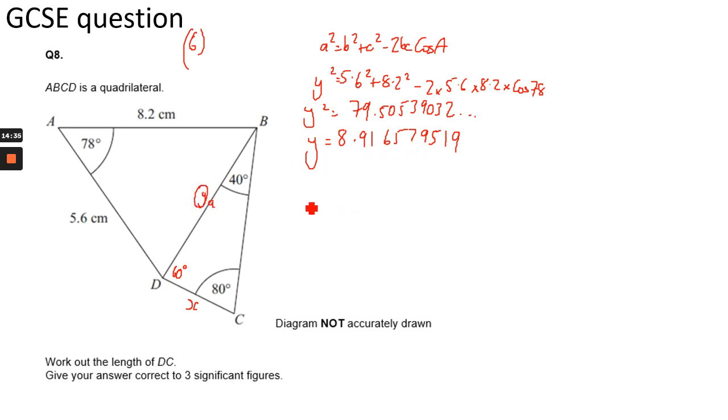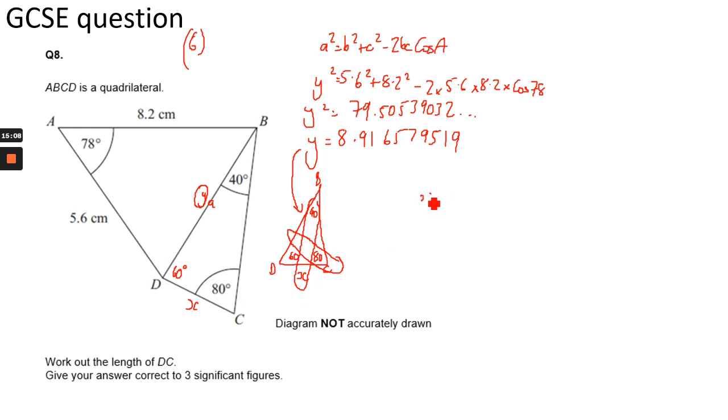So then what I can do is draw out BDC, the smaller triangle. So that's B, that's D, that's C, that's 80, that's 60, and that's 40. This length here is 8.9165799519, and I'm trying to work out this. And now I've got a side and the opposite angle. So now I can use the sine rule. So I'm working out a length.